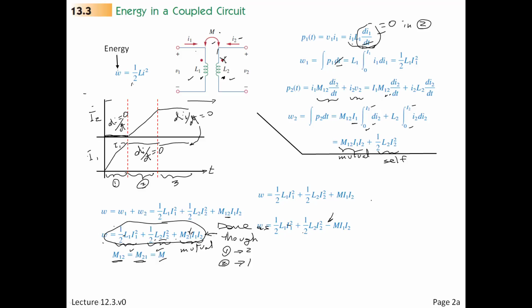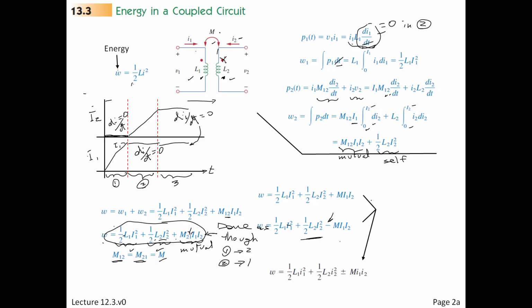The self term would not be different, even though the current and voltage are now in opposing directions, because you end up with the squared. It's only going to be the mutual that inherits the minus sign, because these are just the two individual currents, right?